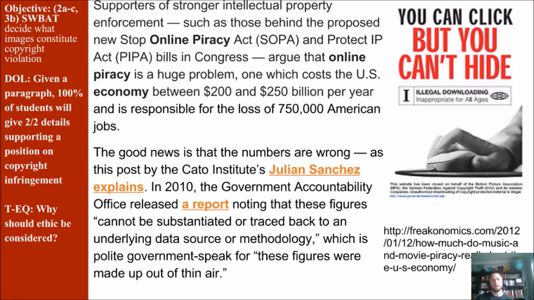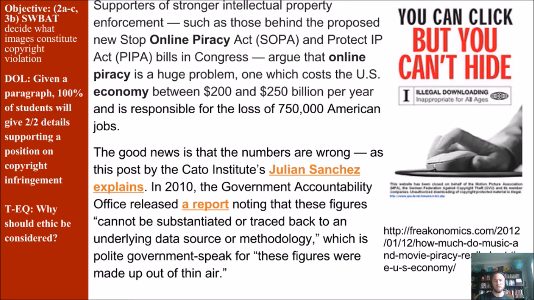Supporters of strong intellectual property enforcement, such as those behind the proposed new Stop Online Piracy Act, also known as SOPA, and Protect IP Act, PIPA, bills in Congress, argue that online piracy is a huge problem, one which costs the U.S. economy between $200 and $250 billion a year. And this is also responsible for the loss of 750,000 American jobs.